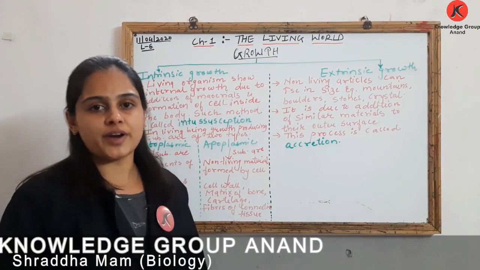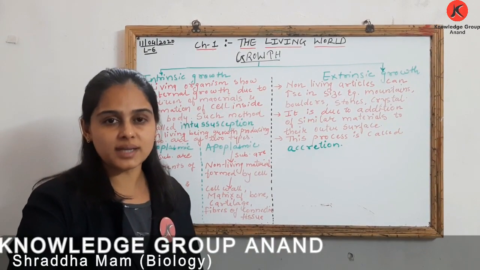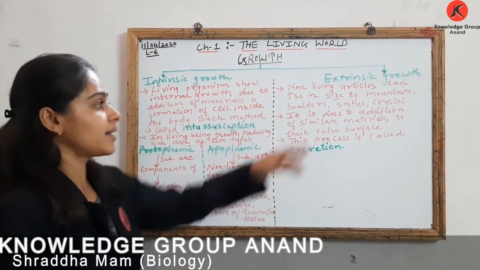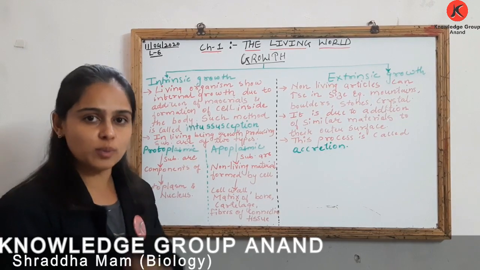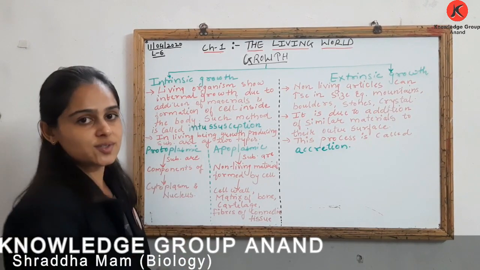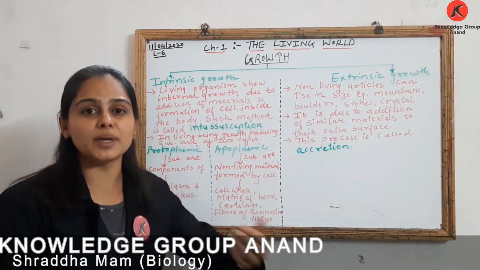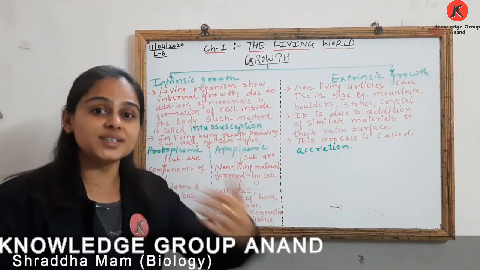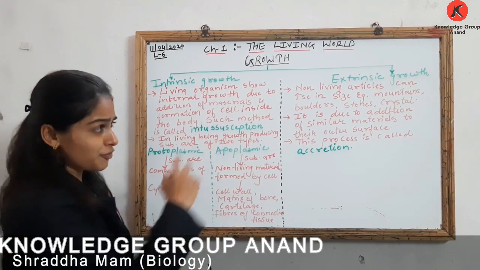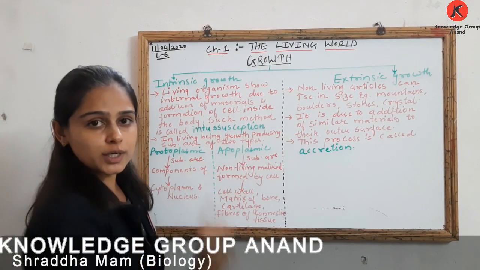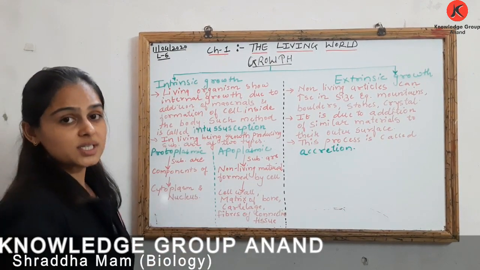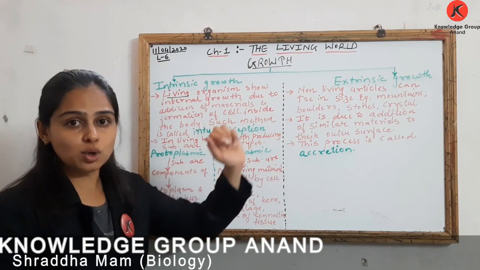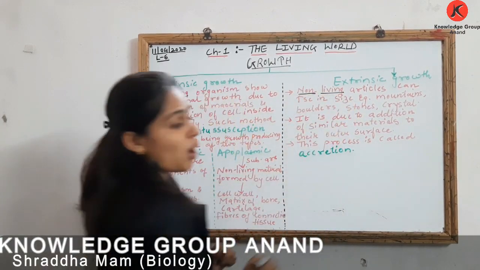Once again, I have classified growth into two categories, as you can see over here, that is intrinsic growth and extrinsic growth. Intrinsic growth you can also call internal growth and extrinsic growth you can also call external growth. Now we are starting with your intrinsic growth. As the name suggests, intrinsic means internal. The growth that is happening here is happening inside the organism, internally. Okay, so before this, one most important difference between the two: intrinsic growth is exhibited by living organisms and extrinsic growth is exhibited by non-living objects.